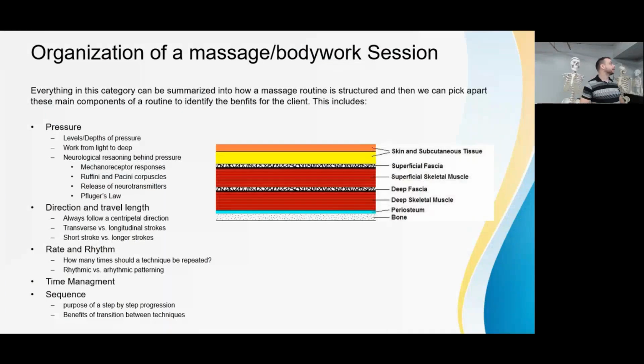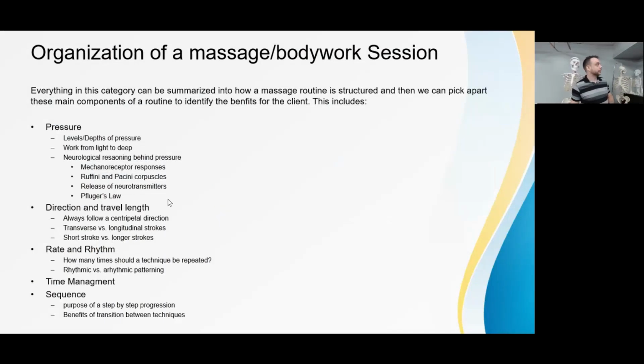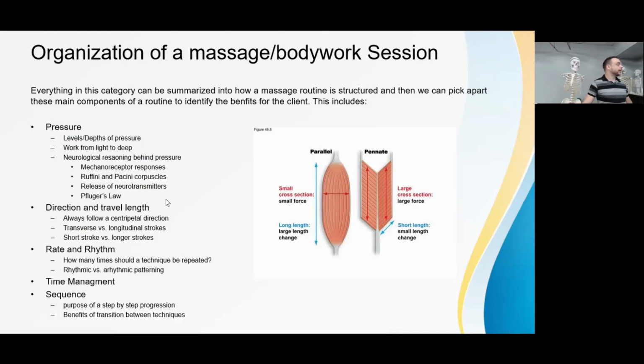Now we can take a look at a concept of what's called transverse versus longitudinal strokes. As we can see here in this little depiction, we typically refer to this direction based off of the muscle fiber direction. So longitudinal strokes go along the muscle fibers.